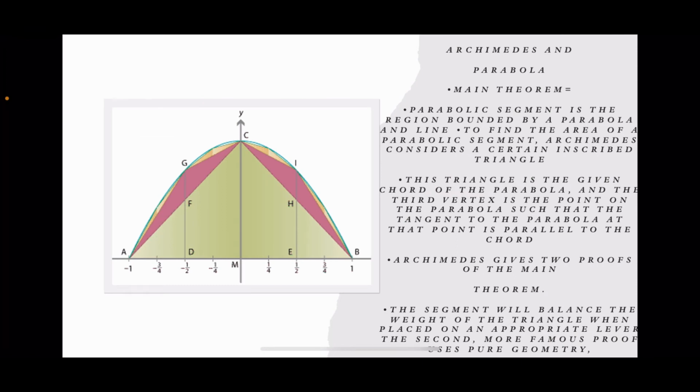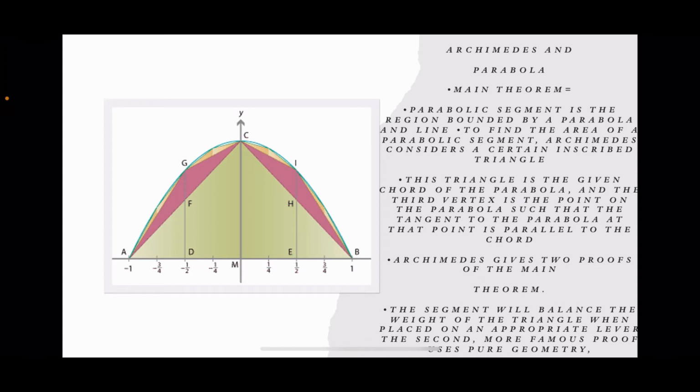For the second slide, we're going to talk about Archimedes and the parabola. The main theorem: a parabolic segment is the region bounded by a parabola and a line. To find the area of a parabolic segment, Archimedes considers a certain inscribed triangle.